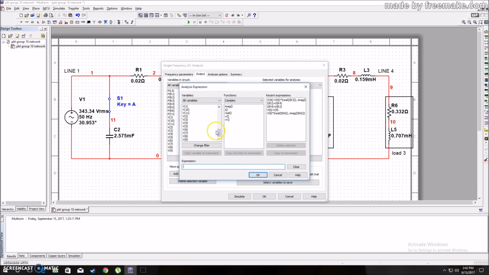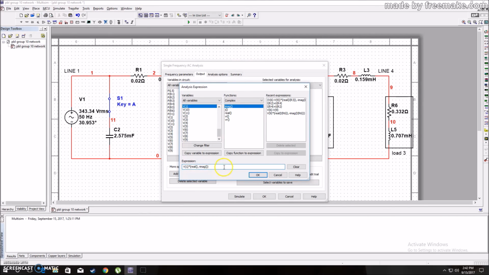So the apparent power that is being simulated is at the supply. So we're going to use the voltage V1 times the conjugate of I, imaginary.